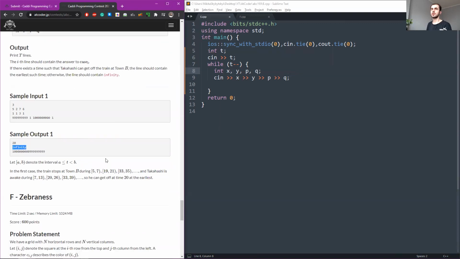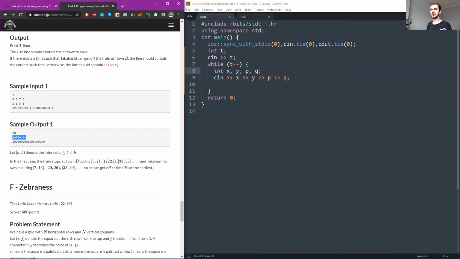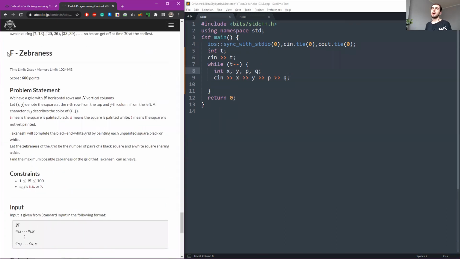In which word you have to output infinity in words? Okay. Problem F, Zebraness. Given a grid of n horizontal rows and n vertical columns, so a square grid actually. That's nice. Let ij denote the i-th row and j-th column.